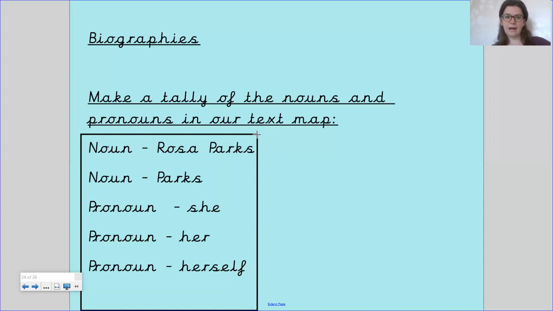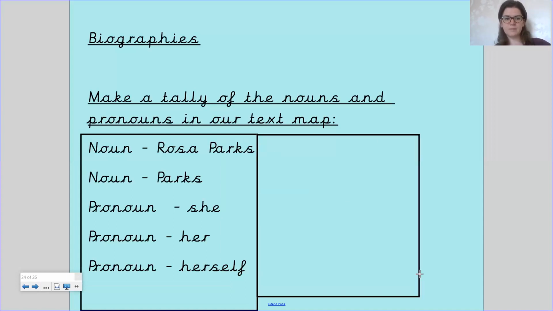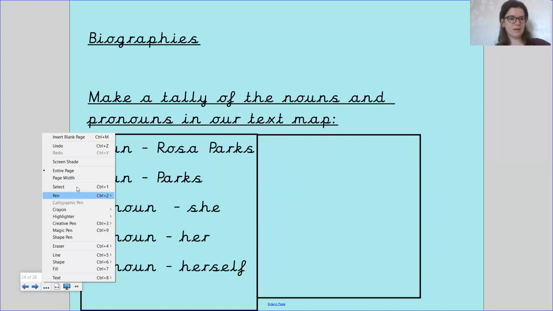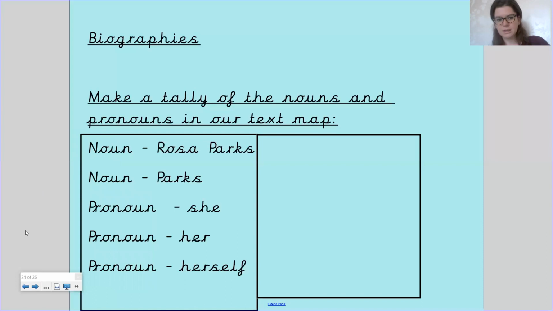And once you've done that, what you're going to do is you're going to make a tally. So in our text map, there are lots of different nouns and pronouns used, okay? It doesn't just say Rosa Parks again and again, it's avoiding repetition. So you're going to read through the text map.